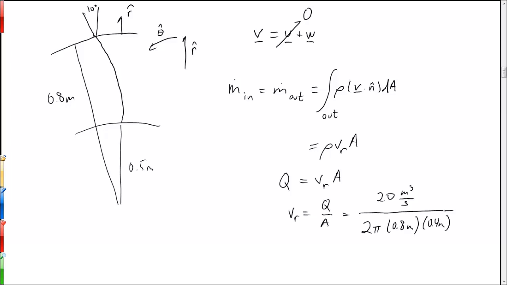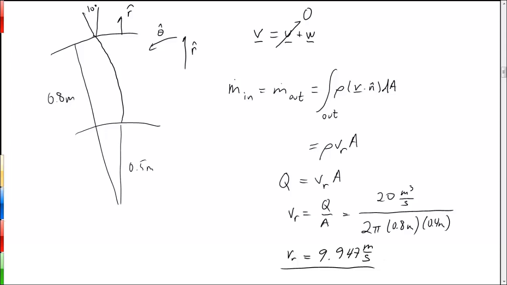And we do a little bit of math with our calculator: 20 divided by 0.4 divided by 2 divided by pi divided by 0.8. And we see that the outward velocity, V_r, is equal to 9.947 meters per second. I'm going to keep 3 decimal places because we're going to carry this through, and we might need that accuracy later. That's V_r. That's not the absolute speed. That's just the velocity in the radial direction.